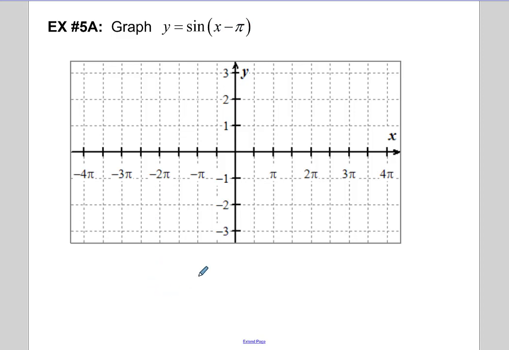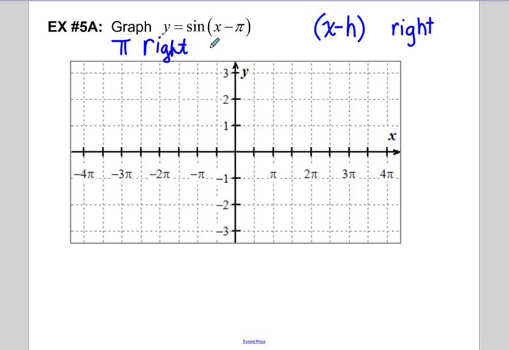Just as we used to do in algebraic equations, whenever you have x minus some value, we recall that this was a shift to the right, where x plus some value would be a shift to the left. So in this case, we're going to follow the sine pattern, but instead of starting at 0, we're going to shift pi units to the right.